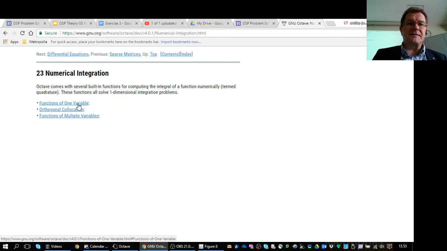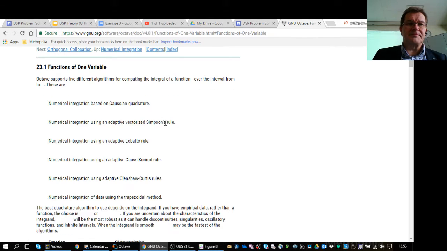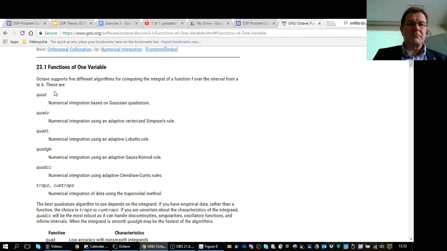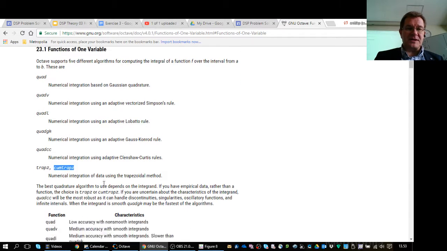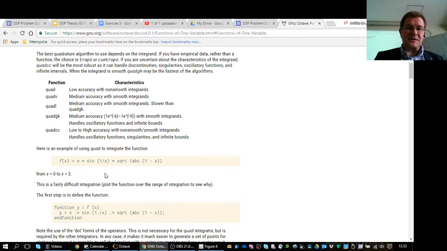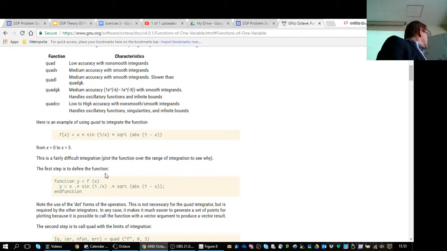Functions of one variable, good. We actually need a cumulative integral. This quad actually just gives one single number, but I think cumulative integral gives you what you need, since you need one value for each data point.